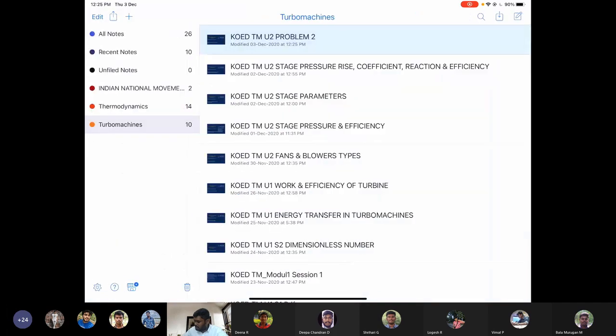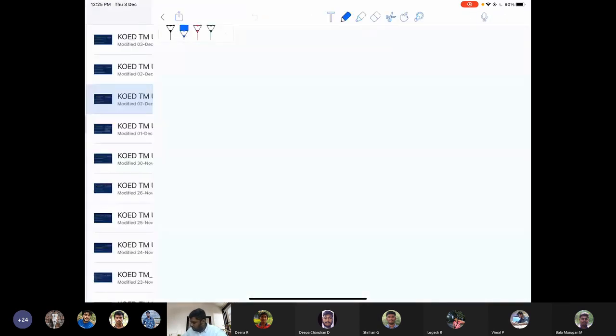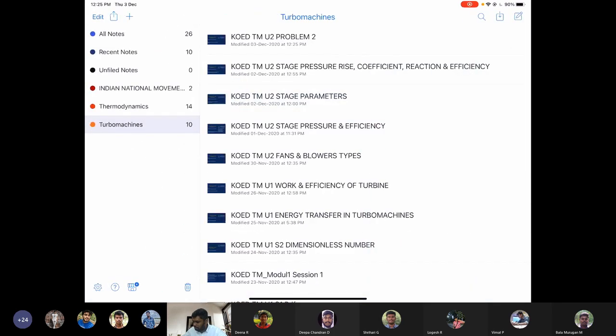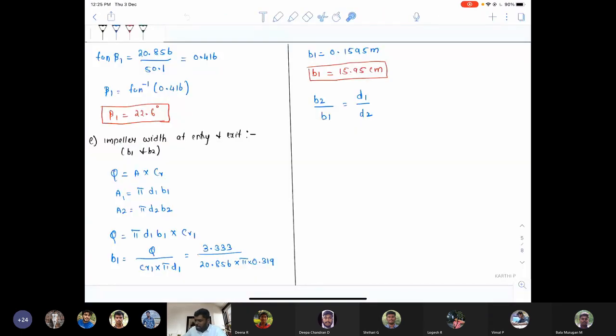We have got this from the equation B1 by B2 is equal to D2 by D1, which we have used to find the value. We know the value of D1 and D2, and the value of B1 has been found as 15.95 centimeter. On substituting in this equation, you will get the value of B2.